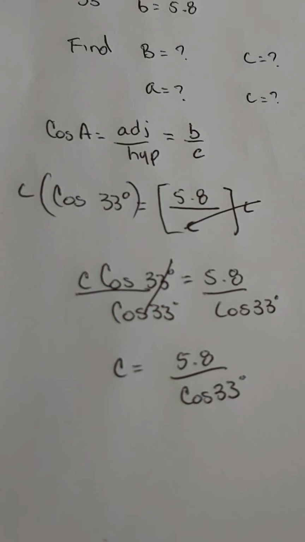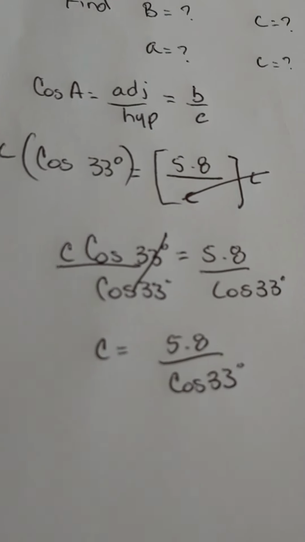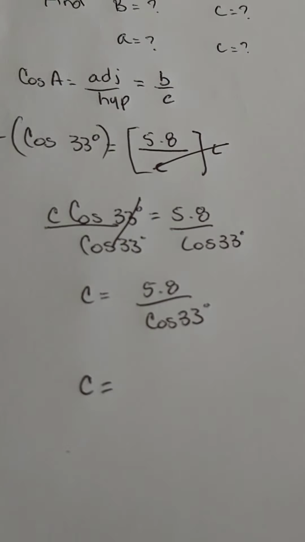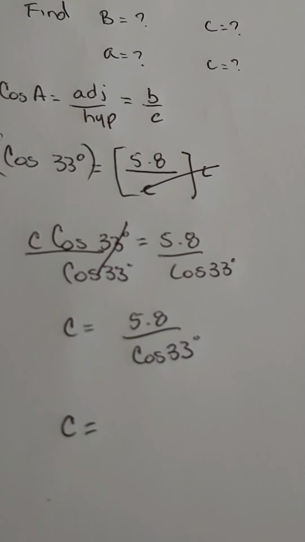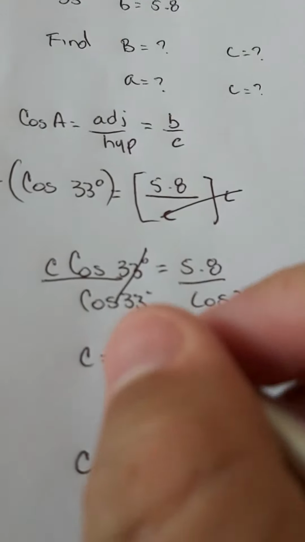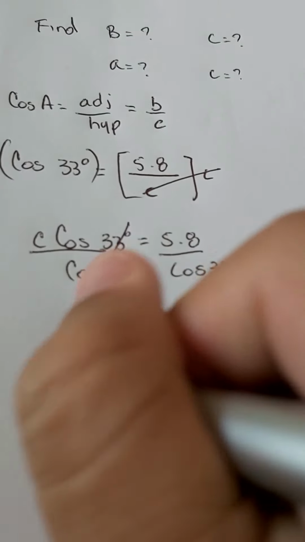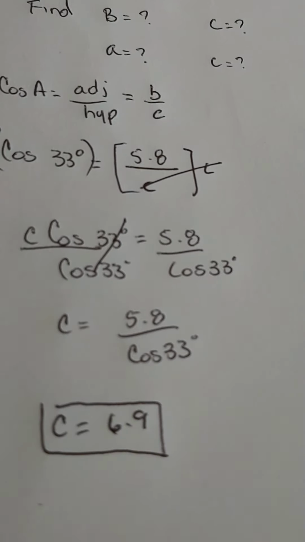Always make sure that your calculator is in degrees. So the value of side C will be about 6.9. Okay, so we have the value of C. C is 6.9.